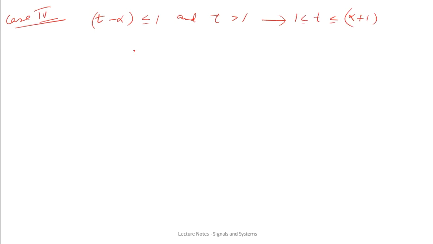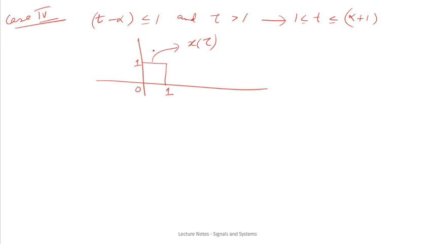Now again you plot the graph. If this is x(t) from 0 to 1, this is 1, this is your x(tau).